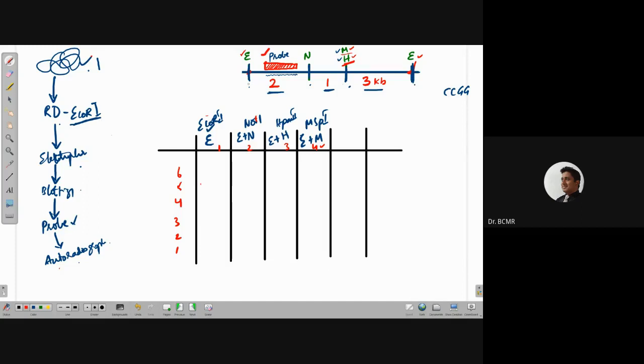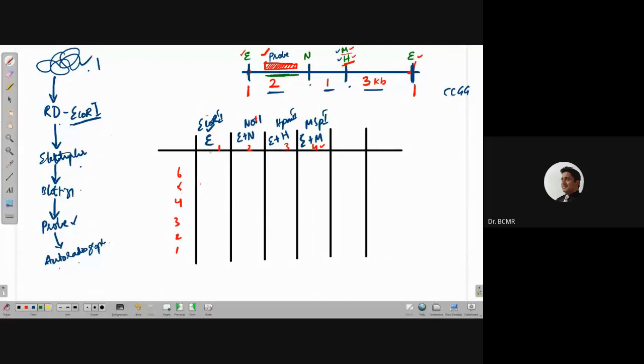The total size from EcoRI to EcoRI is 6 kb. And here is the probe. I didn't mention the probe: the probe is homologous to this particular region.